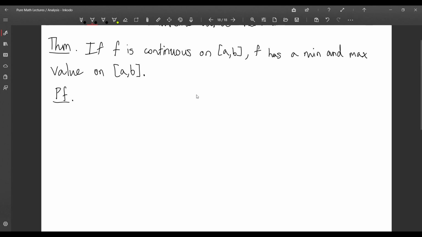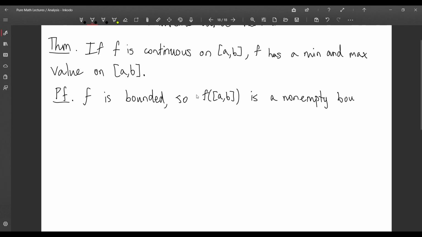So the first thing is that f is bounded, right? We've already shown that f is bounded. So f, the image of the domain, is a non-empty bounded set.